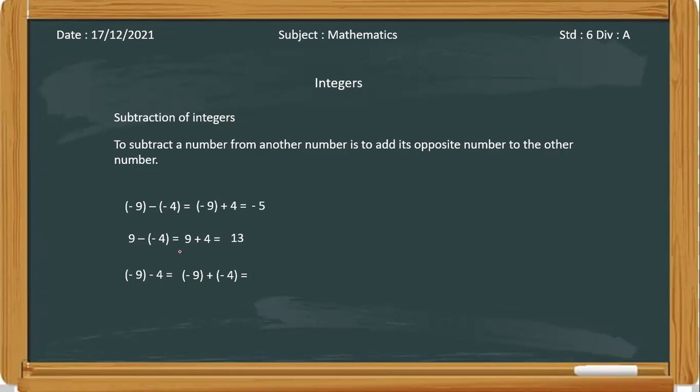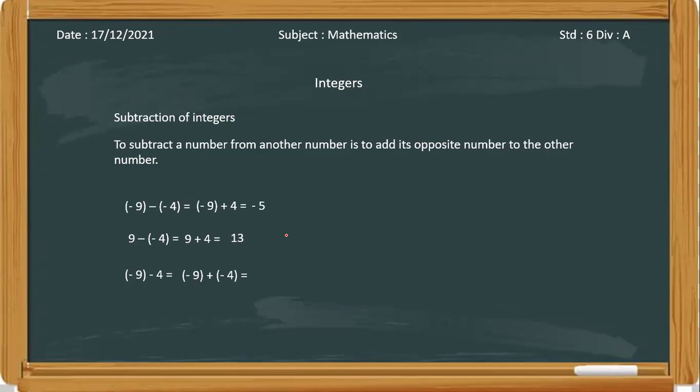So this is the first rule for addition of integers, right? When there are two negative signs, we just add the integers and give the sign of the numbers. So what will be the answer of -9 plus -4? Anyone? -5. No. See, when there are two negative numbers, we just add the numbers.